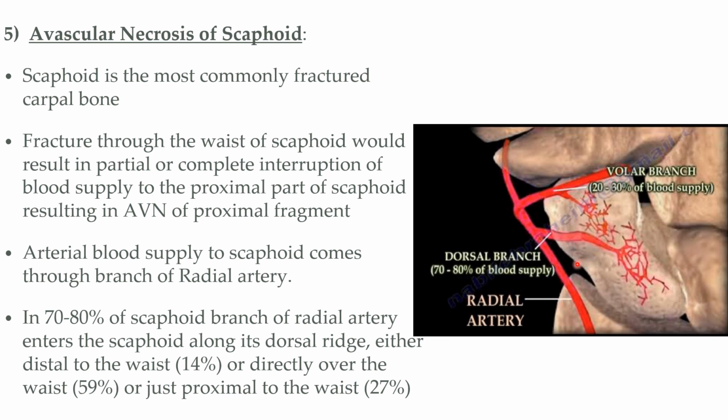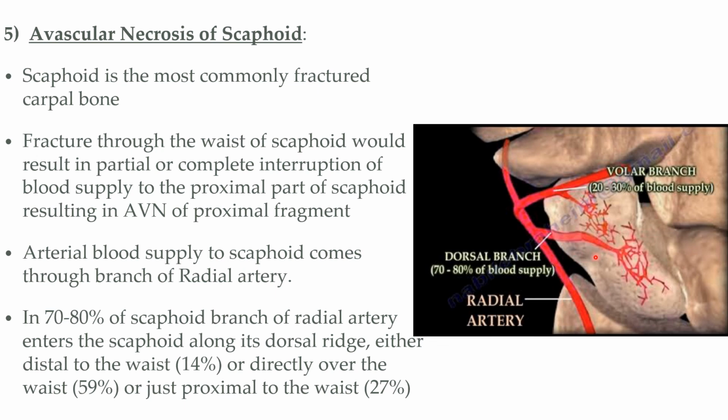You can see that the branch of the radial artery enters the scaphoid from the distal pole and then proceeds towards the proximal pole by crossing the waist of the scaphoid. The most common site of fracture of the scaphoid is at the level of the waist.